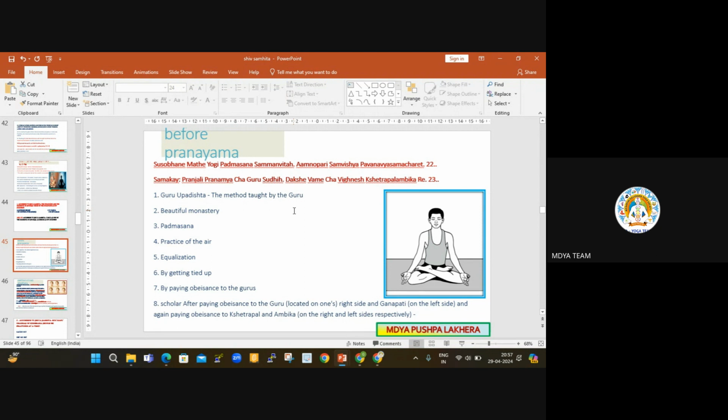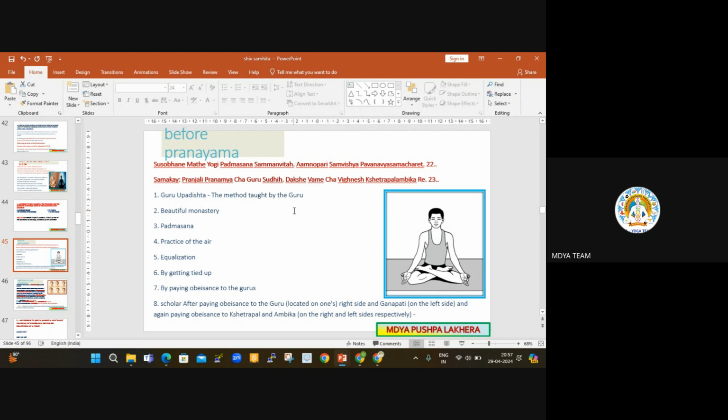Here it is stated, the heading is what one needs to do before pranayama, the preparatory steps. It covers what places are required and in which position one needs to do pranayama. First it is stated that the yogi must go to a beautiful and pleasant place.